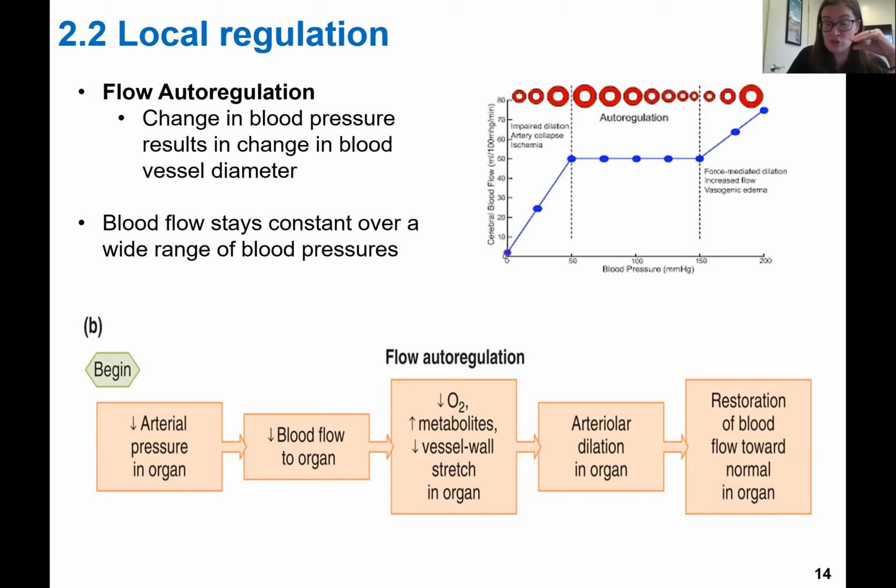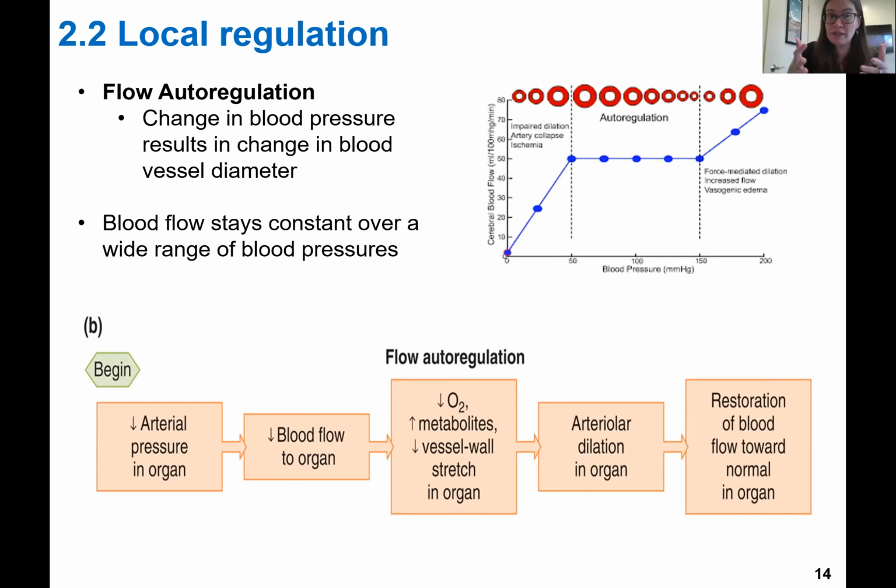So basically the muscles just cannot produce the amount of work that they need to overcome the force of the blood. And so this is called force-mediated dilation that increases the flow, and then you're going to get vasogenic edema. So basically the blood is just going to be pushing so hard against the walls, the contraction can't keep up, and you'll get leakage of fluid across the tissues.